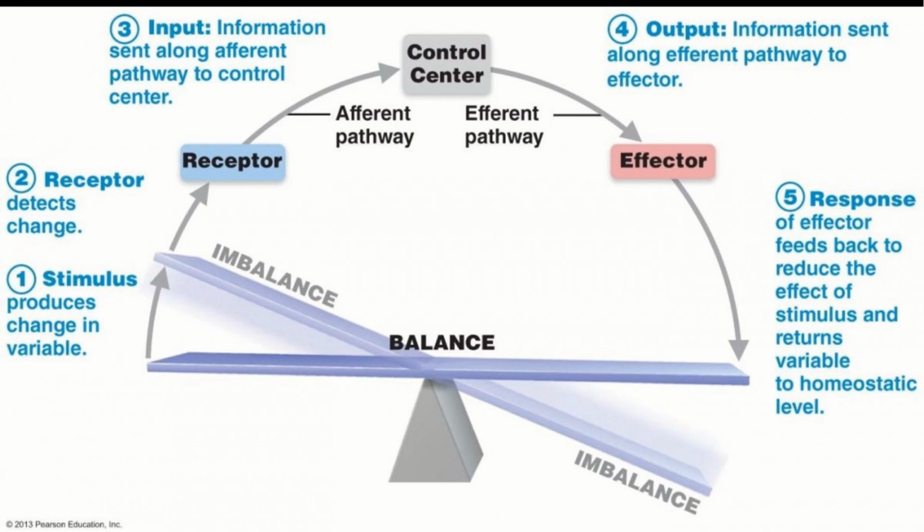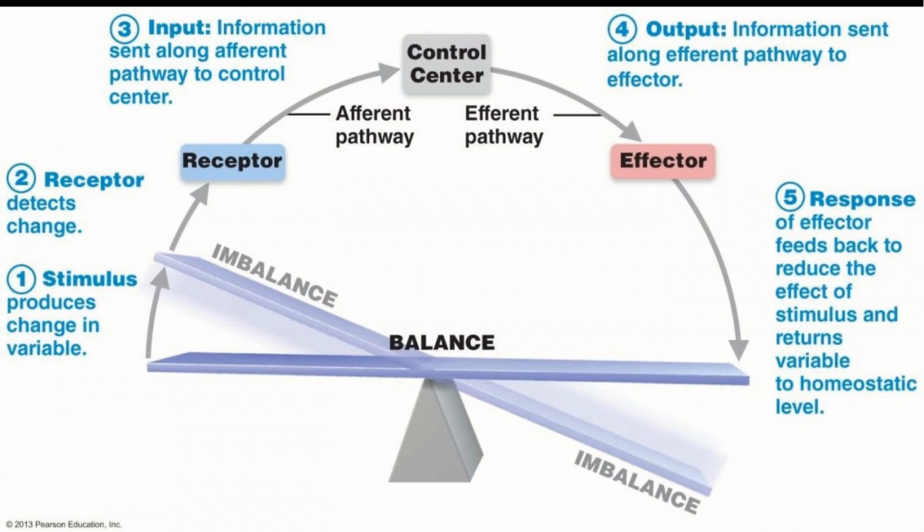And so it's the thing that is going to release whatever we need to secrete or whatever intervention we need to bring about, the effector is going to do it. And then finally, we have the response. The response is then going to inhibit the stimulus. And these pathways usually come in pairs.